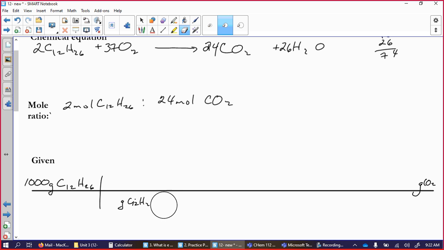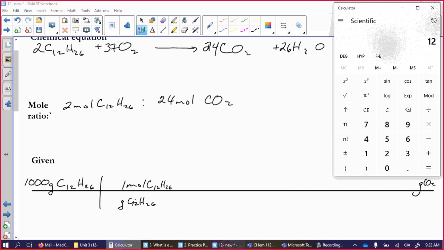That was a really big 6. 12.01 times 12 plus. So this one has a molar mass of, and that's still 44.01 grams per mole. So 170 point.